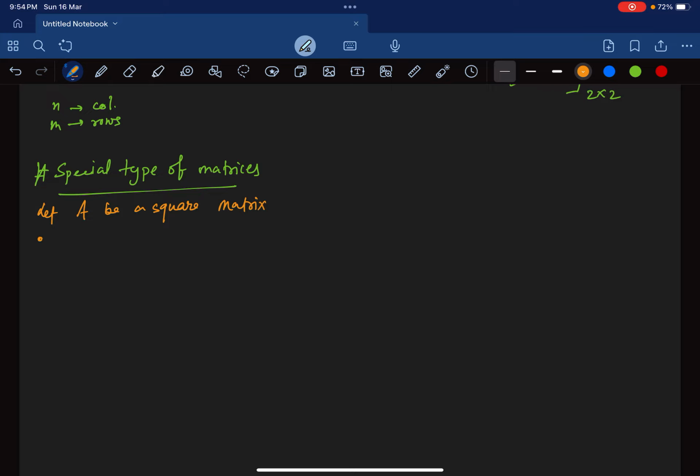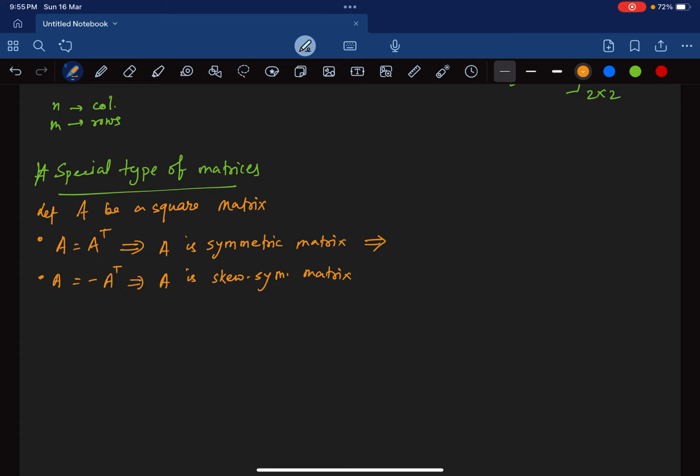The first thing is A is equal to A transpose. If A is equal to A transpose, that implies A is called a symmetric matrix. If A is equal to minus A transpose, then you have a skew symmetric matrix. That is, A is a skew symmetric matrix.